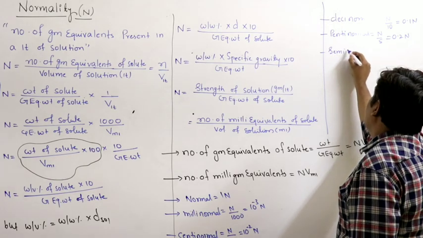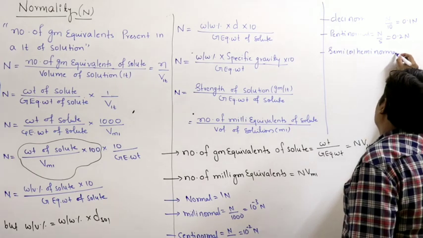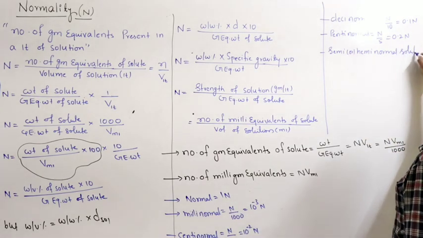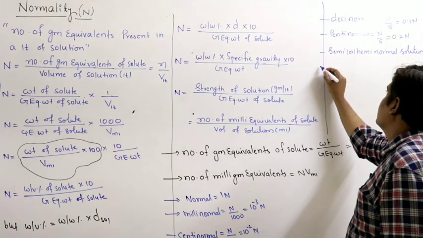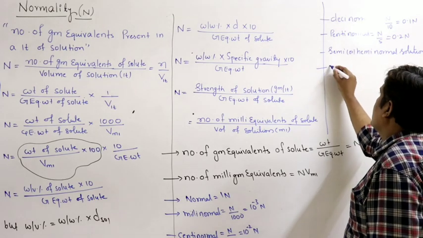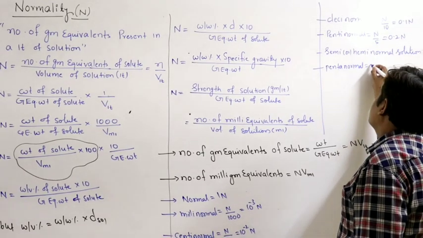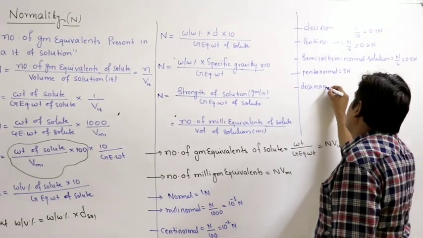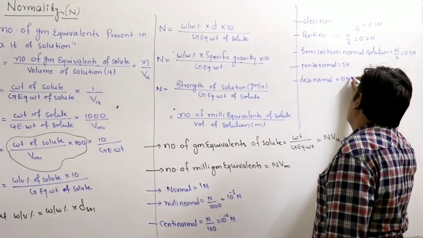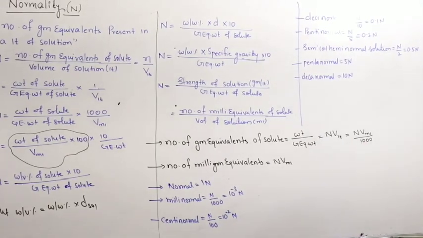Semi or heminormal solution is nothing but N by 2, that is 0.5 normal solution. Or you can come across pentanormal solution, that is 5N. Decanormal solution, that is 10N. So already we have studied, instead of molar you will get normal, that is the difference.